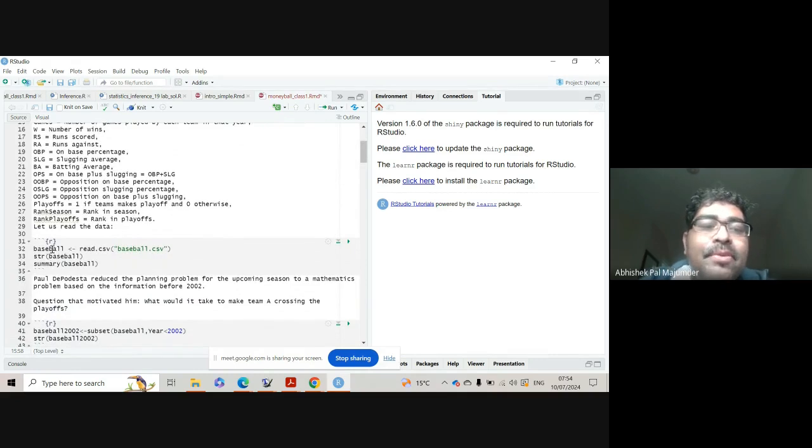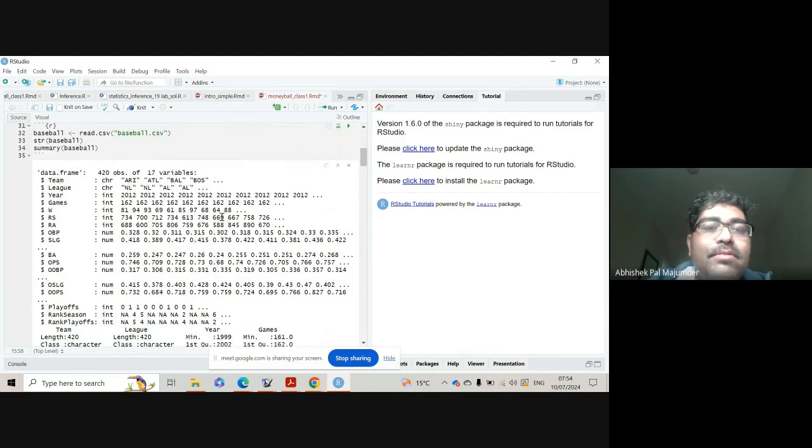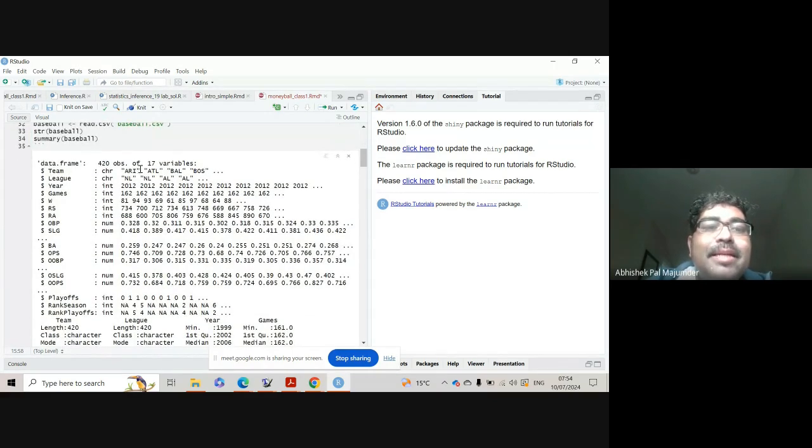I have this dataset in that particular folder, and then I use these commands in R, basically reading that .csv file and making this summary of the dataset, and that gives me the list of the variables. Team is basically the short name of the teams. League is whether they are playing in the National League or the American League. So these are the two types of league they play, and then the year they play.